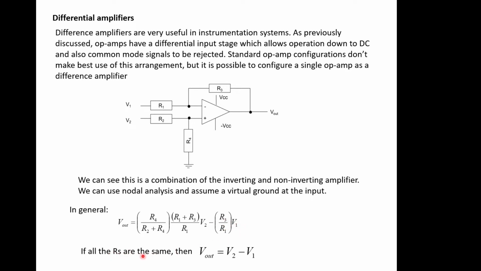And if all the R's are the same, if we make R4 equal R2 equal R3 equal R1 and so on, then this simplifies down to V out equals V2 minus V1, which is a difference. So the output is the difference of two inputs. The devil's in the detail, and getting these very well matched to each other becomes the key. If they're not well matched, then they don't perform quite as well as anticipated.